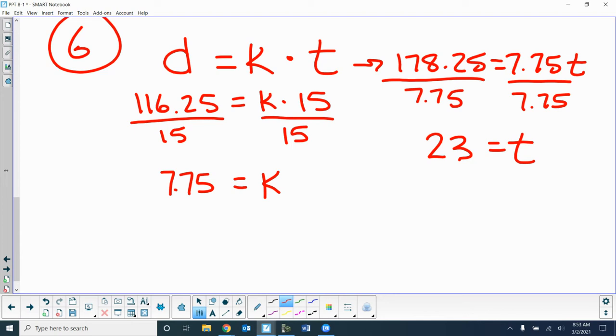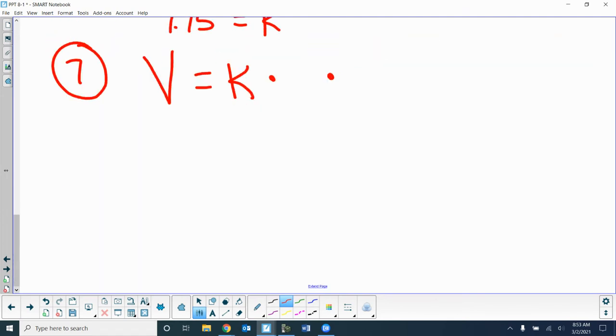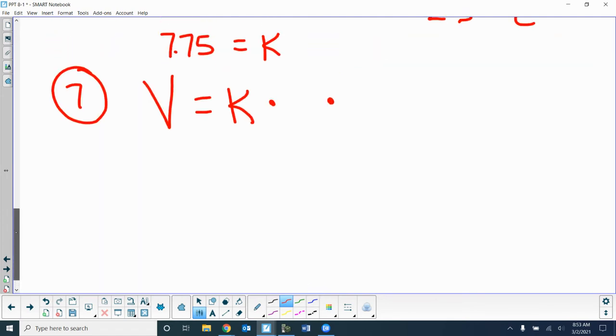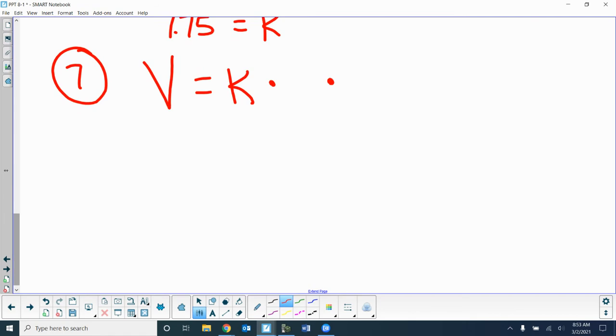Okay. Number 7, the volume V of a rectangular prism of a particular height varies jointly. So the volume varies, K times jointly means there's going to be at least 2 things I'm going to multiply. Most of the time it's just 2, but every now and then they'll add a 3rd one. All right. So again, I knew there was 2 things common because it said jointly this time.